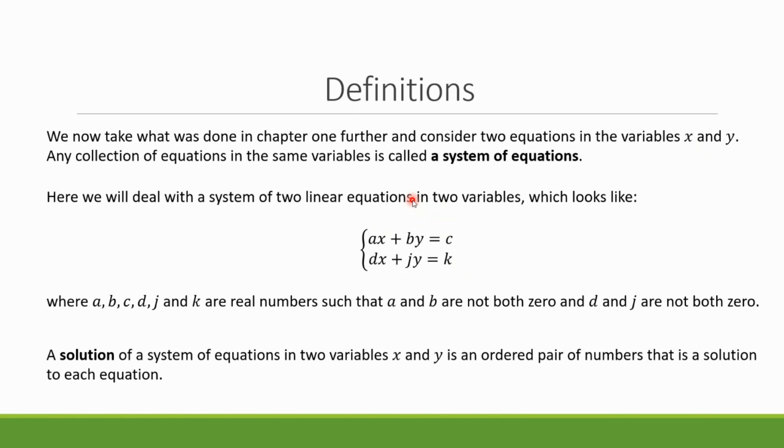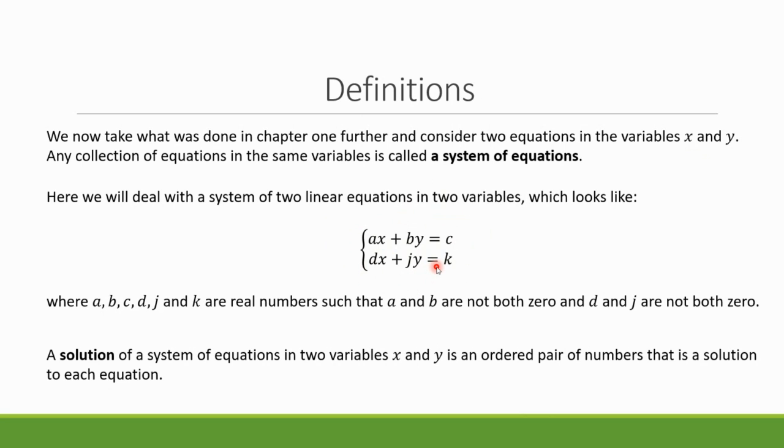But basically here, we're only going to focus on this kind of system, where you have a times x plus b times y is c, and d times x plus j times y is k. Here a, b, c, d, j, k are all real numbers. They're constants.